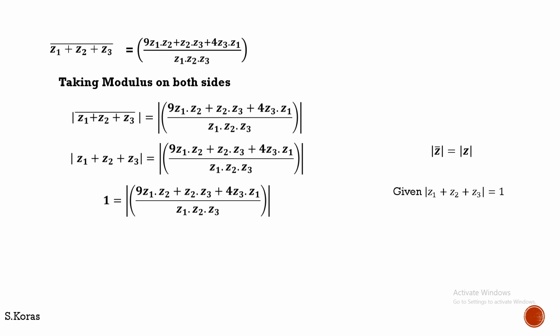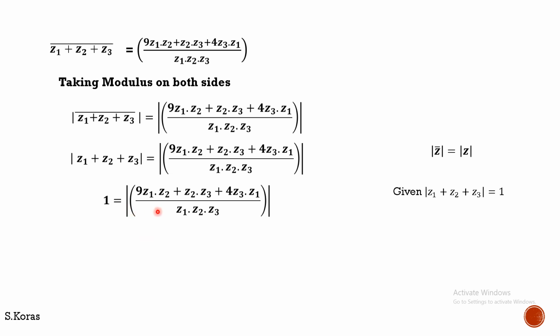Right. Now if we make this z1 into z2 into z3 go to that side, that is modulus of z1 into z2 into z3 will be going this side. As I told you, that modulus can be split because modulus of z1 into z2 is nothing but modulus of z1 into modulus of z2.